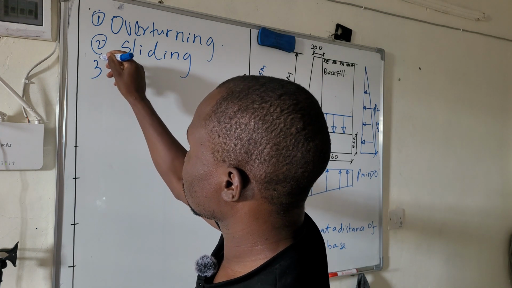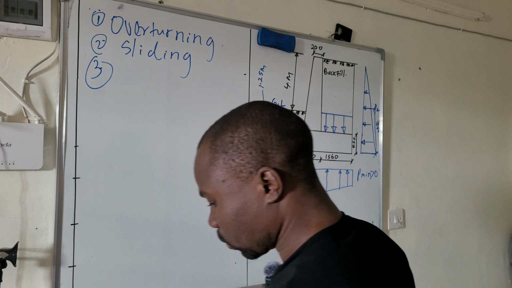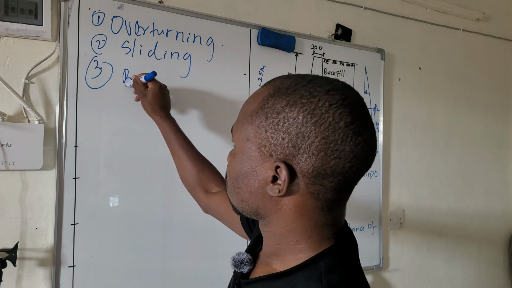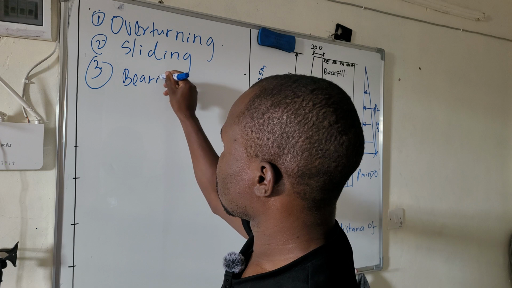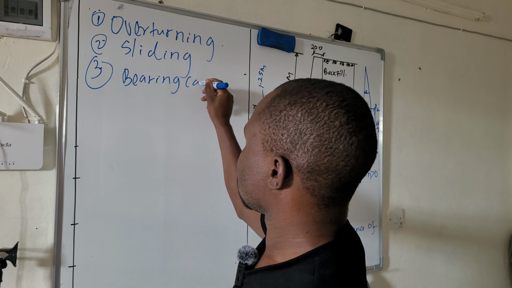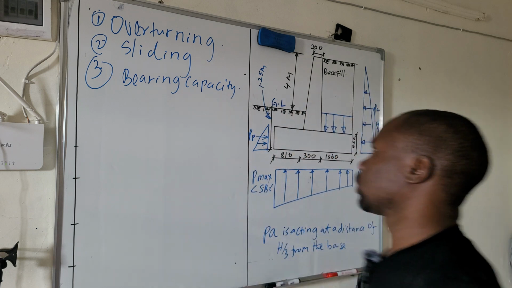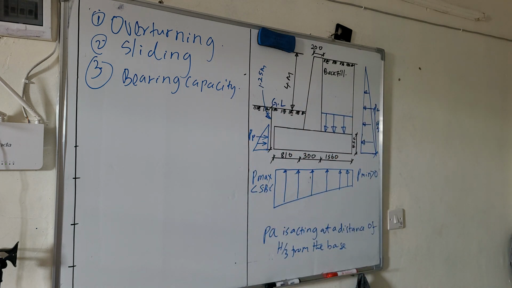And number three, we have the bearing capacity. So those are the three important items to check on this retaining wall.